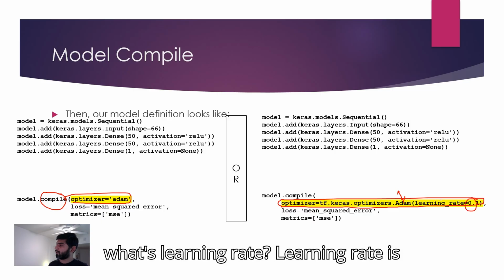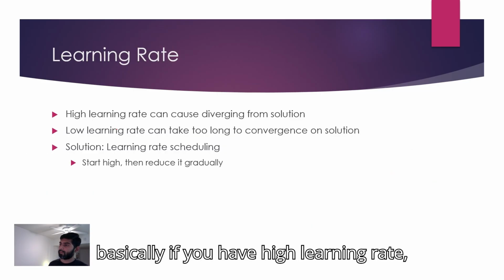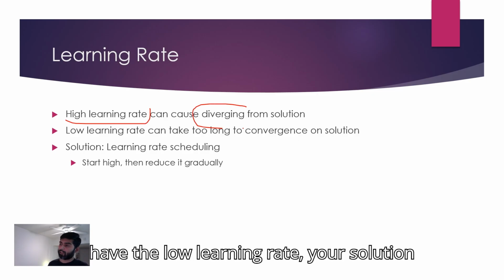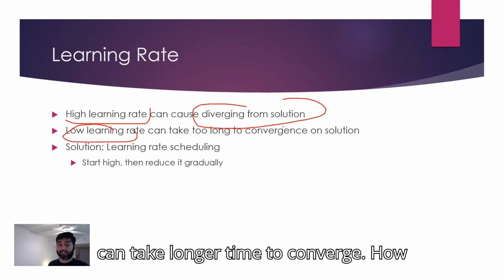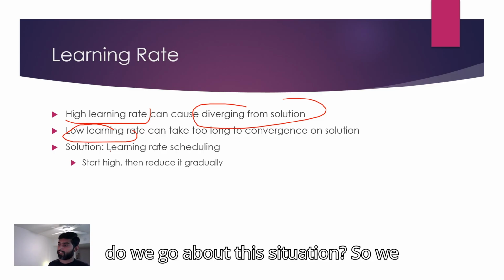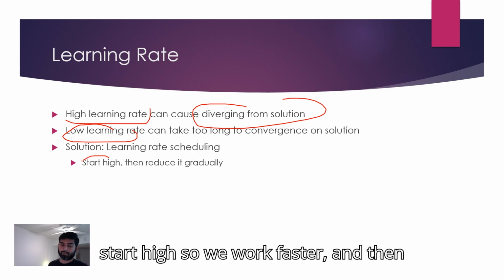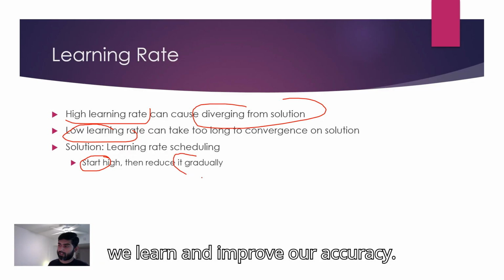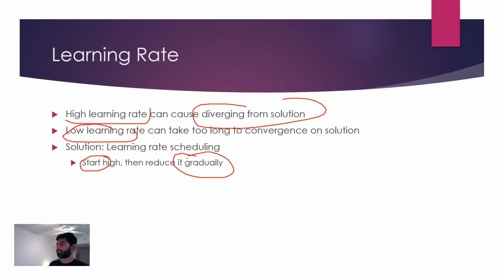Now, what's learning rate? If you have a high learning rate, it can diverge from the solution. If you have a low learning rate, your solution can take a longer time to converge. How do we go about this situation? We start high, so we work faster, and then we reduce the learning rate gradually, so we learn and improve our accuracy.